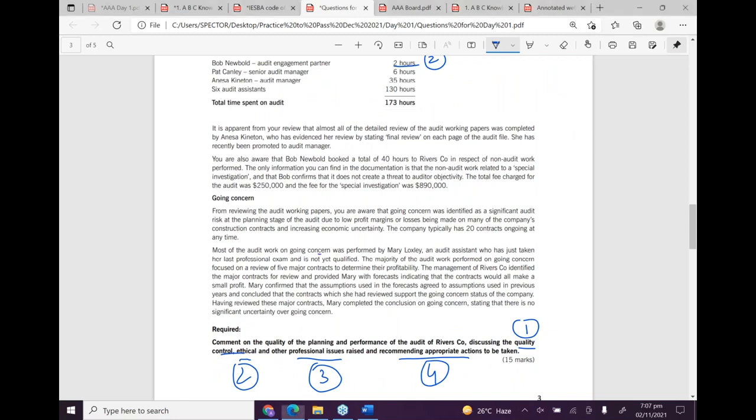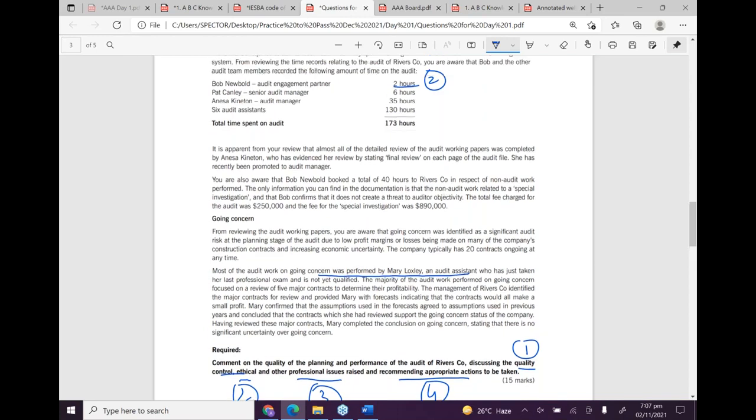Going concern performed by an audit junior. Judgmental area, definitely not the right person to be doing this.